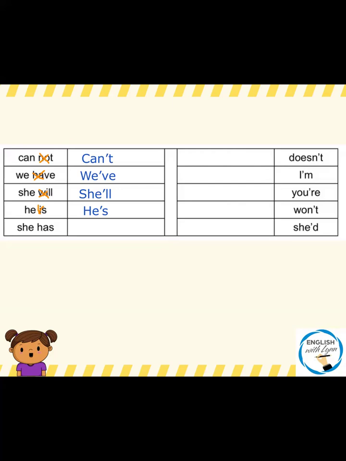So you will need to read the sentence that it is in and work out if it is meaning he is or he has.